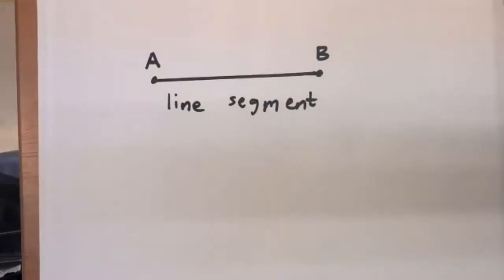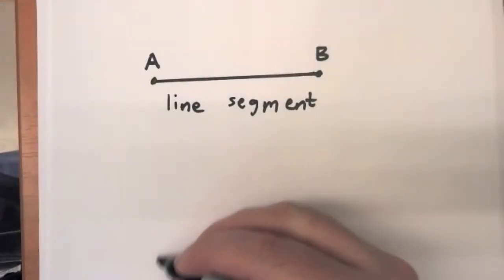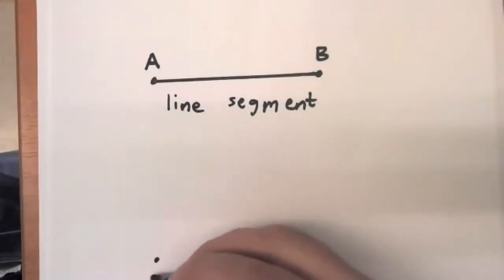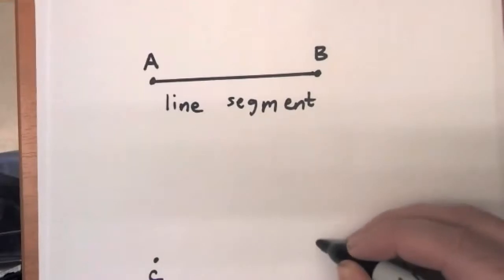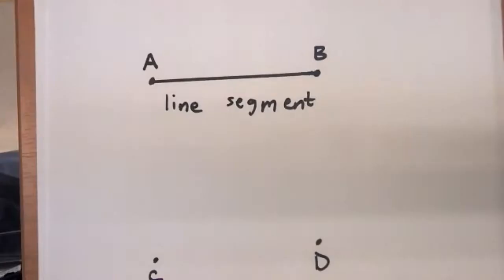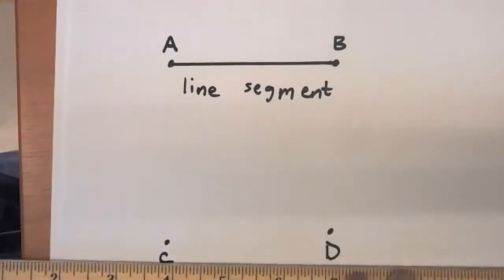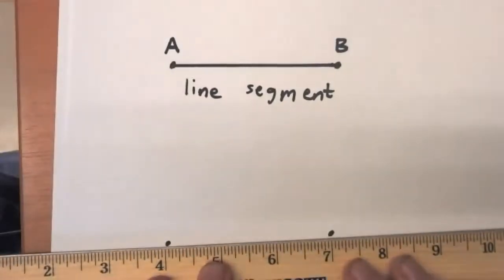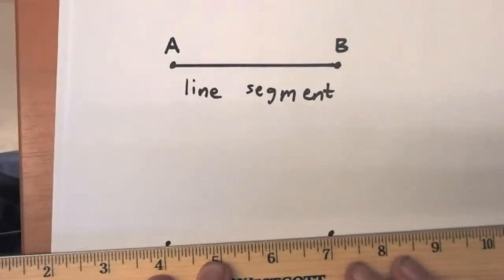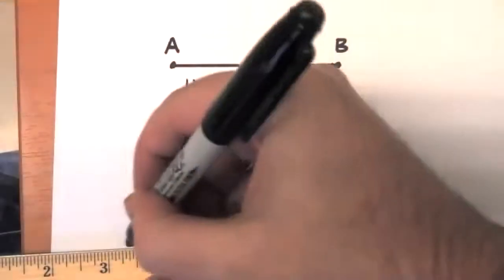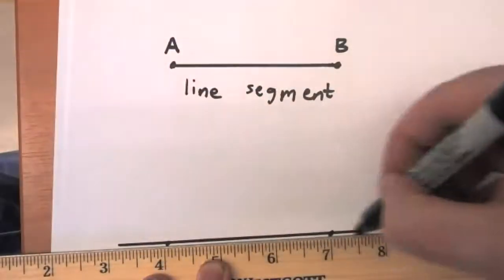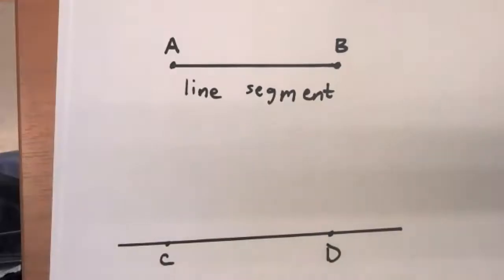Another option we could have, maybe I'll put it down here, is we have points C and D. Maybe I want to have something that doesn't have a start or a finish. So it passes through C and D, but it goes off infinitely far in both directions.